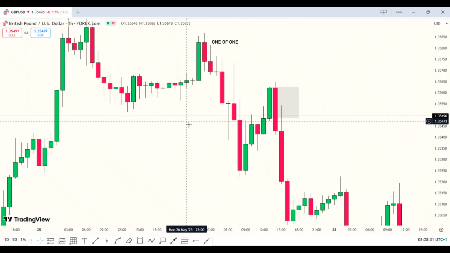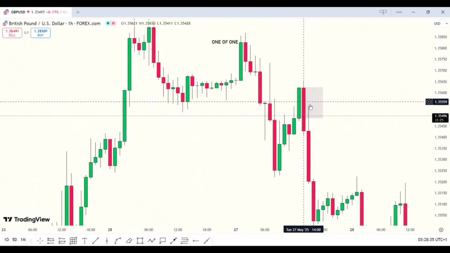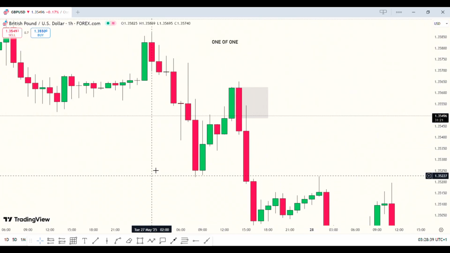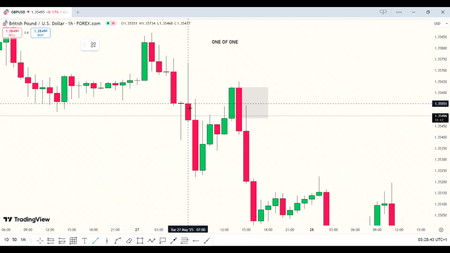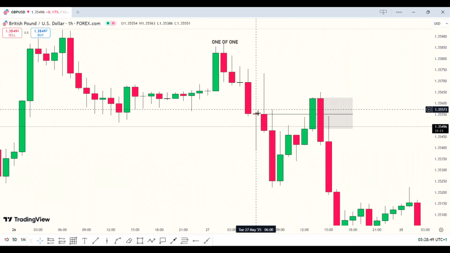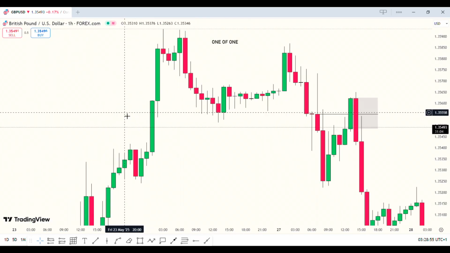You look for valid single price POIs within this zone. So I can see one already here. This is one. That is one. Is there anything else? Yeah, I can see, okay, this one too, this one as well, right?